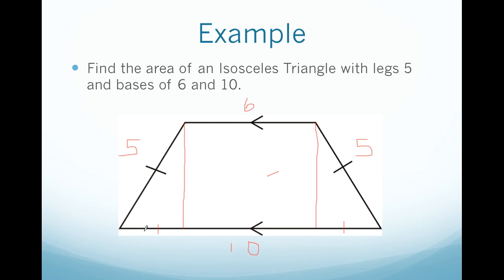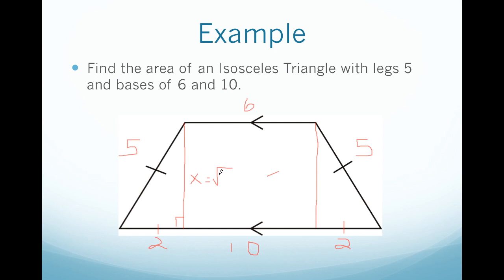Therefore, the sum of these two must be 4, telling me that this must be 2 and this must be 2. And therefore, this must be a right triangle. So I've got 2 and 5, and call the other leg h. Good old Pythagorean theorem tells us that 2 squared plus h squared equals 5 squared. Work that out to find that the height is indeed equal to root 21.